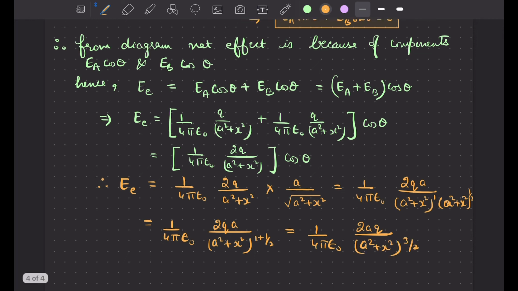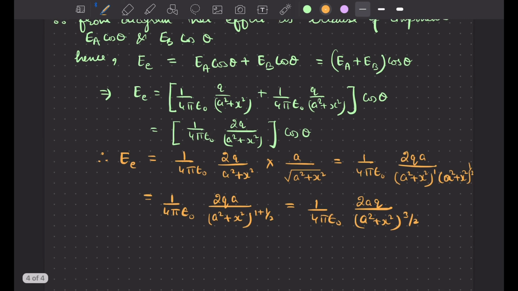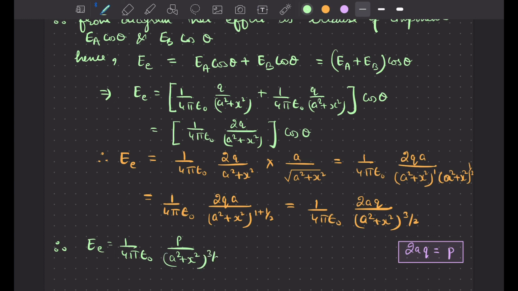Now, we discussed it earlier when we talked about the article, that is electric field intensity on an axial line of a dipole, that 2aq is equal to dipole moment P. That is why I am going to replace 2aq with P. Therefore, we have E equatorial is equal to 1 upon 4 pi epsilon naught P upon (a square plus x square) whole raised to power 3 by 2.